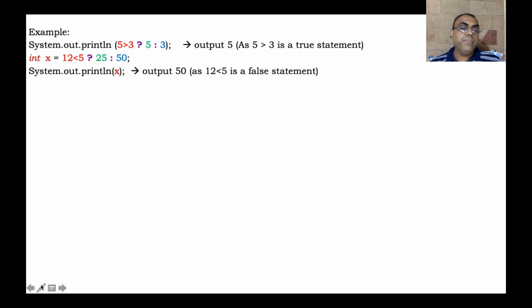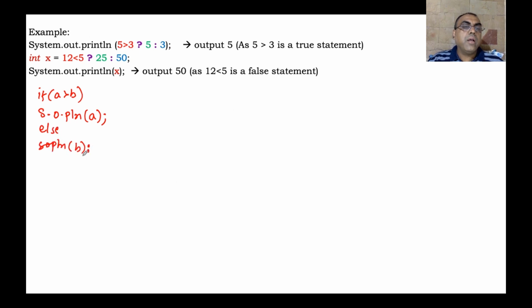Here you have a condition: if a greater than b, System.out.println(a), else System.out.println(b). I can be asked in the exam to convert this using the ternary operator.